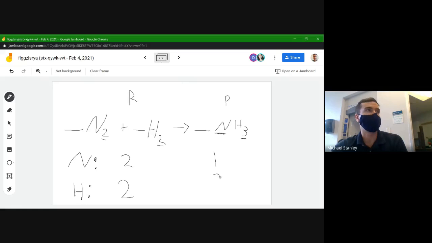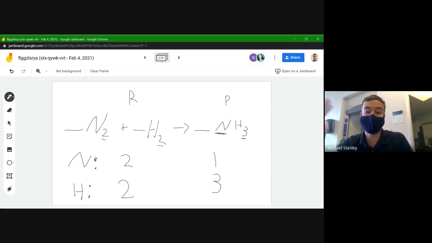H is 3, precisely. So this is like a single NH3 molecule. So it's 1 N and 3 H's that are all bonded together. They're making probably covalent bonds with each other. So NH3 has 1 N and 3 H's.